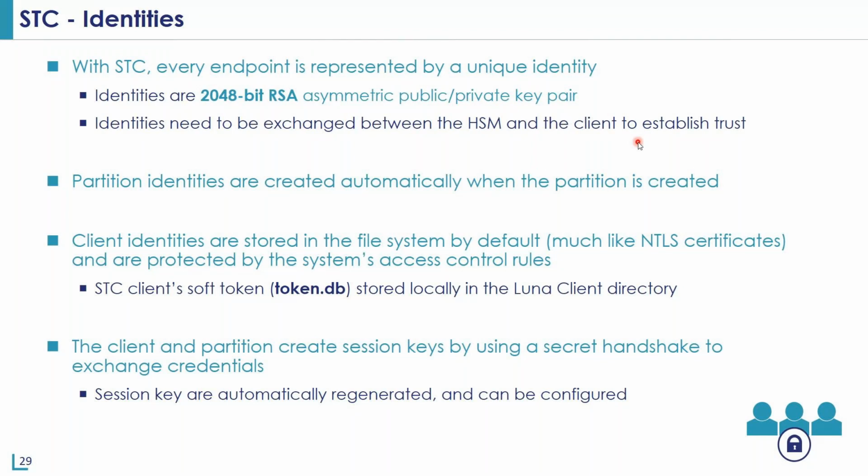And we all know the name of the utility on Windows to transfer the file from HSM to the client, the name of the utility to transfer the file. PSCP. Absolutely right. Using the help of PSCP, we'll get the partition's identity on the client and we'll do the registration steps. Those identities, you don't have to manually trigger any command. They are automatically created when your partition is created.